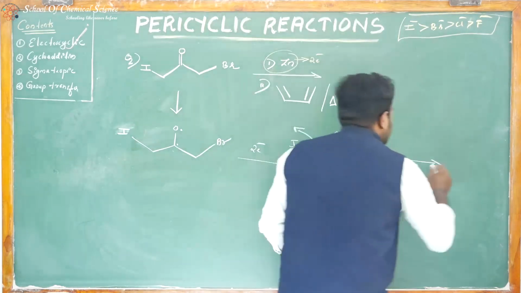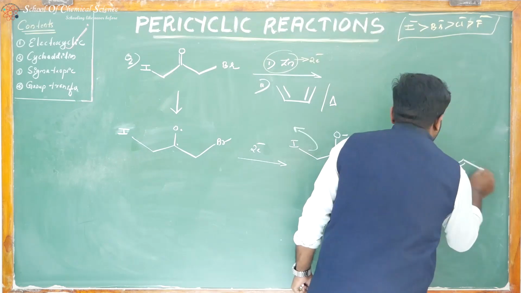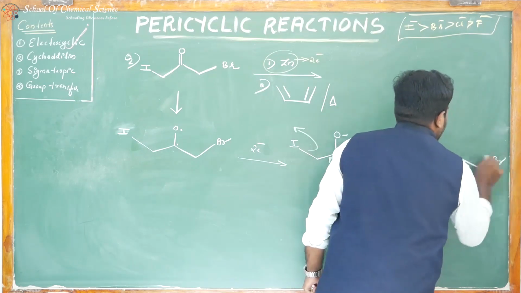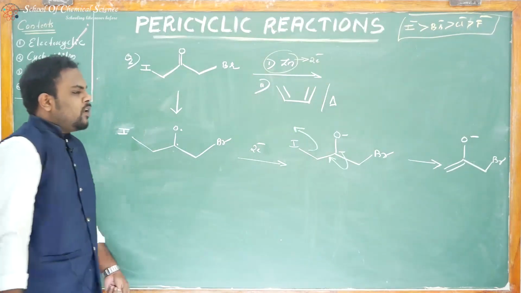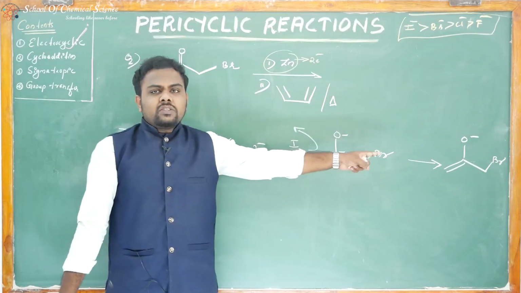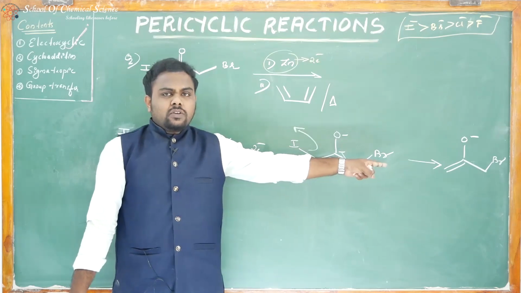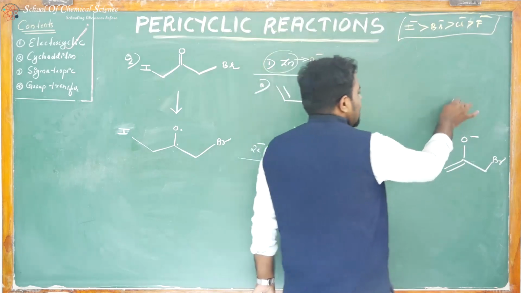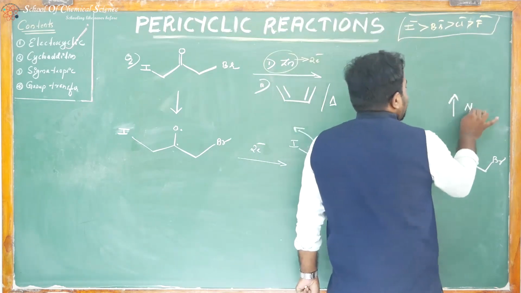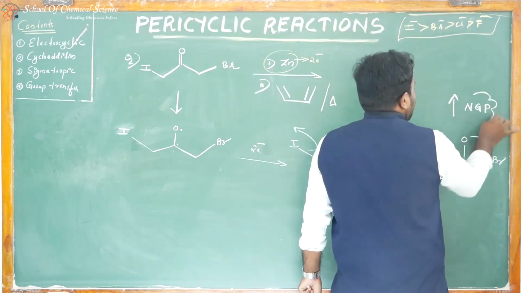So that in the next step here a double bond is there, bromine and O minus. Still the allylic cation is not generated. Still one more bromine is there. In the next step, neighboring group participation.